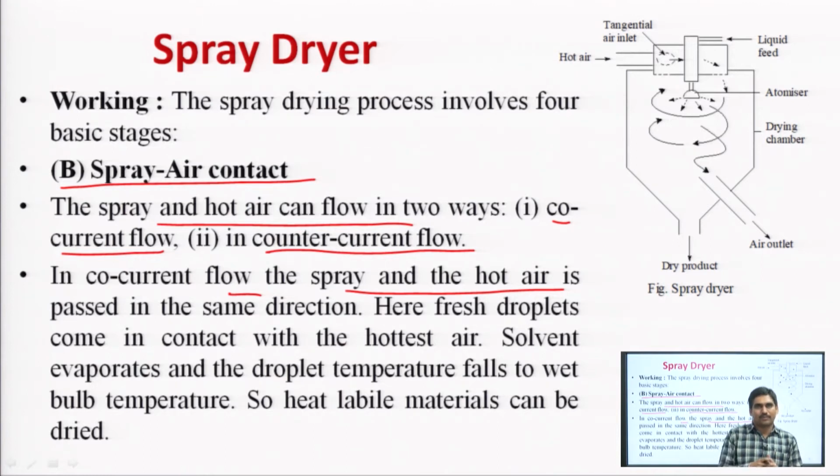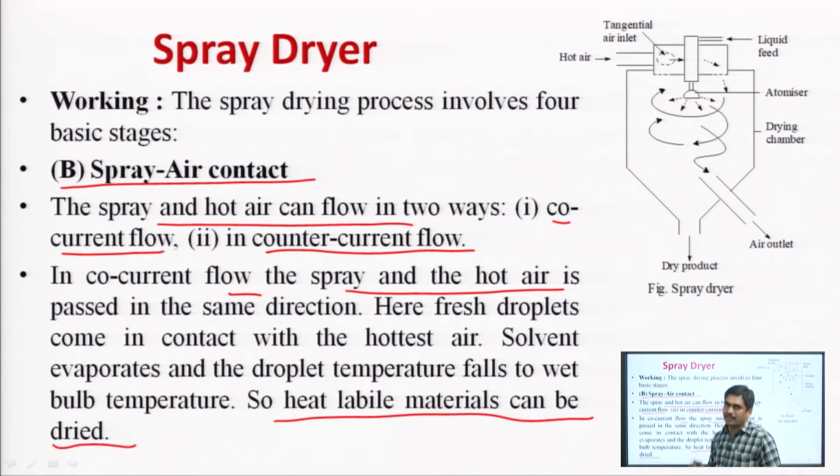So, solvent evaporates, and as the solvent evaporates, the droplet temperature falls to wet bulb temperature. So, in this case, heat sensitive materials can be dried, because the time of contact is less.